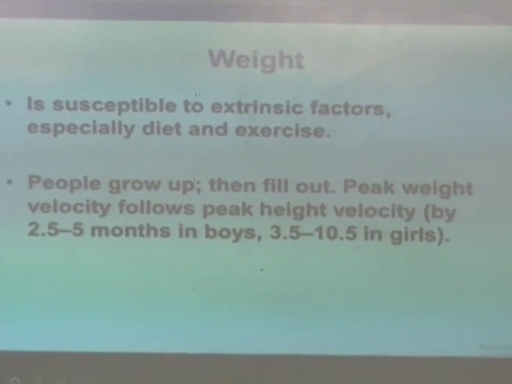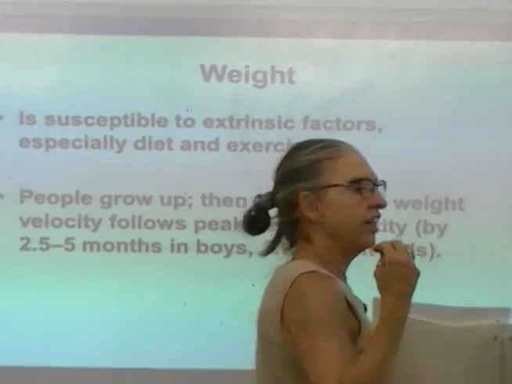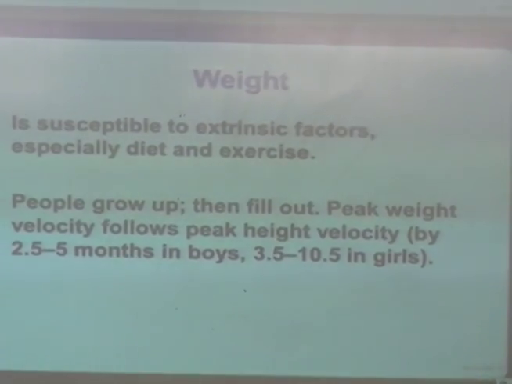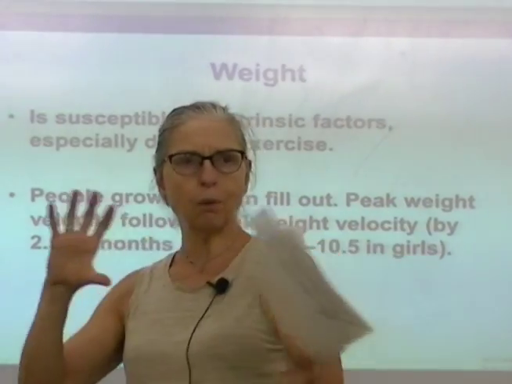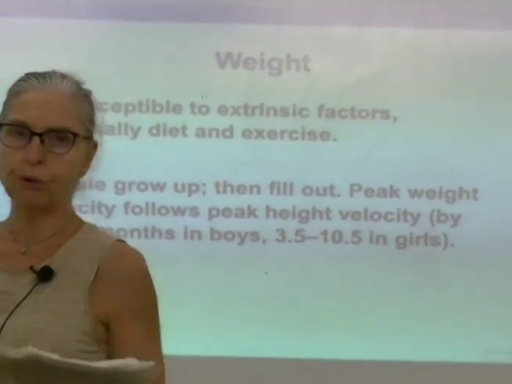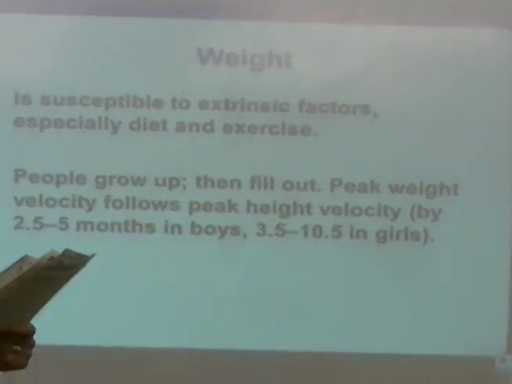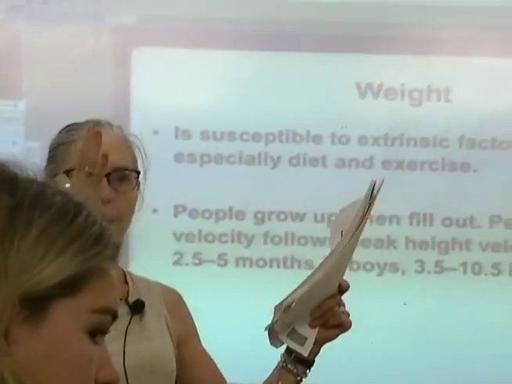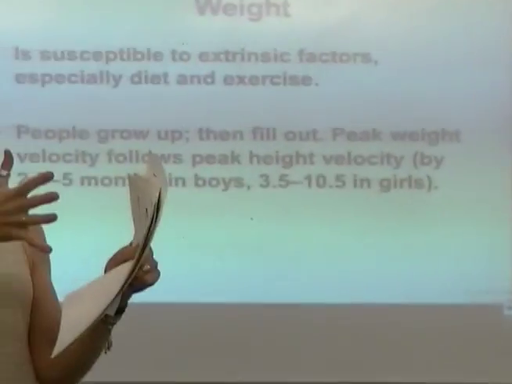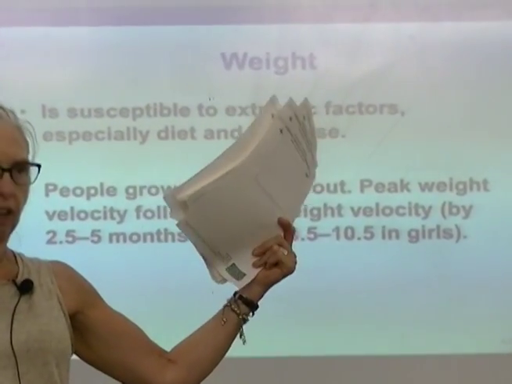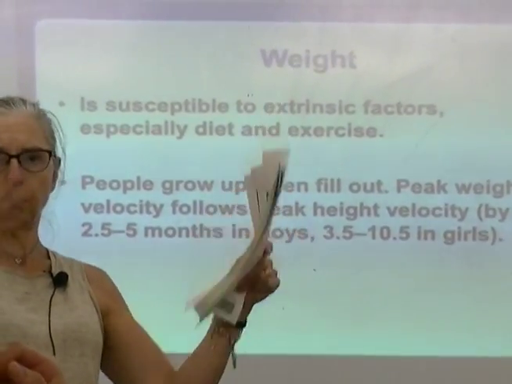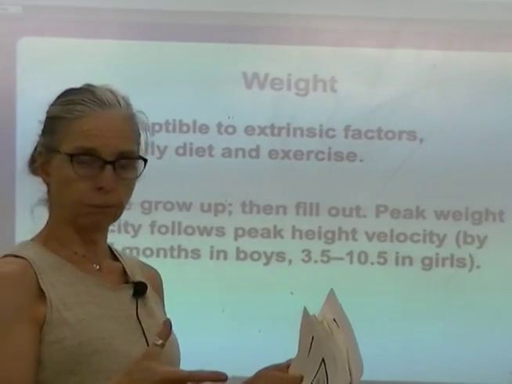Okay. Gives you a very nice visual of the change in body proportion due to relative growth. So if you look at the infant, the baby, you see its head is very, very large in proportion to its body.